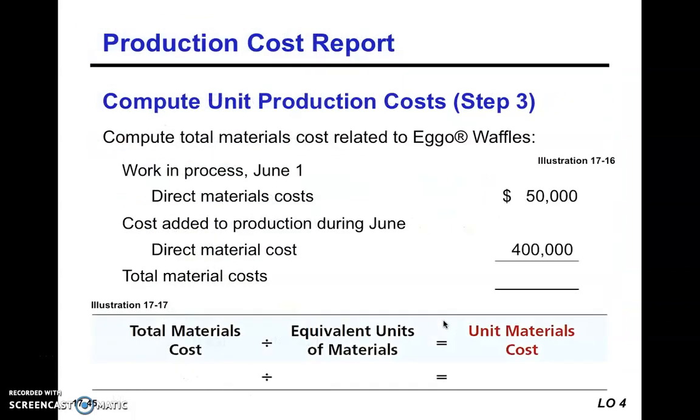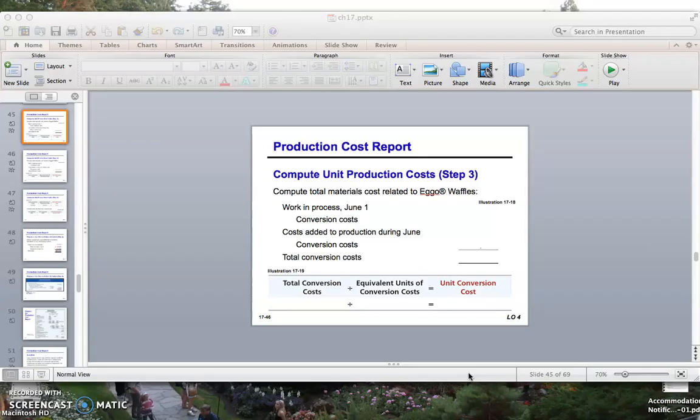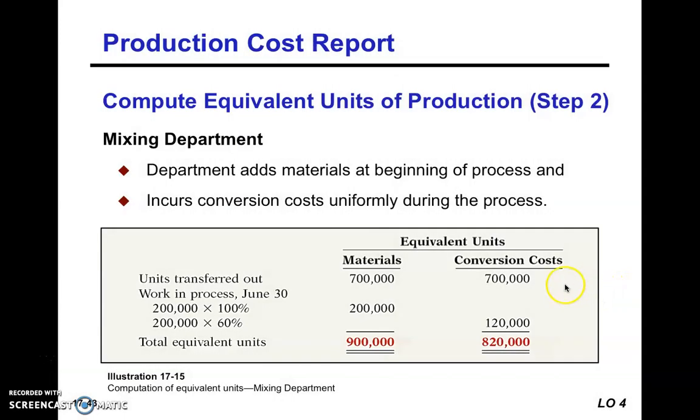And that $205,000, we need to divide by the equivalent units of conversion cost. And if you remember, equivalent units for conversion cost was 820,000 units.